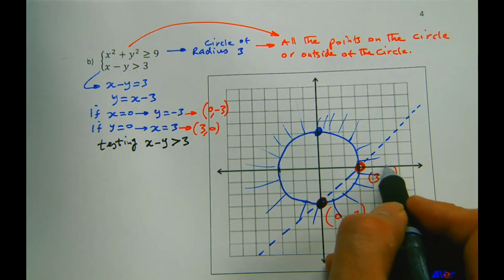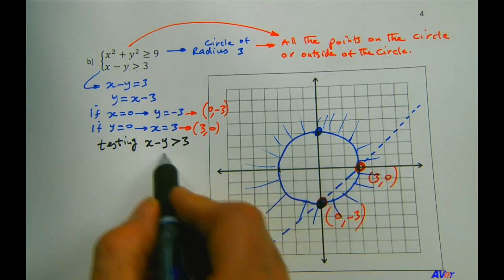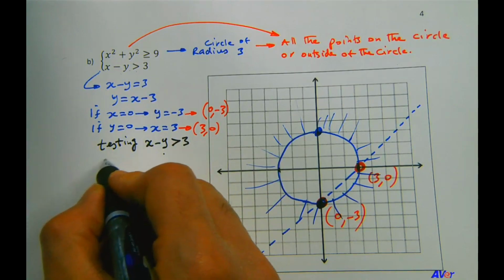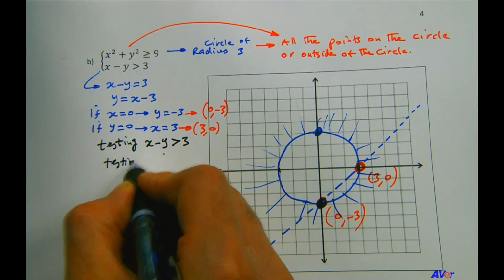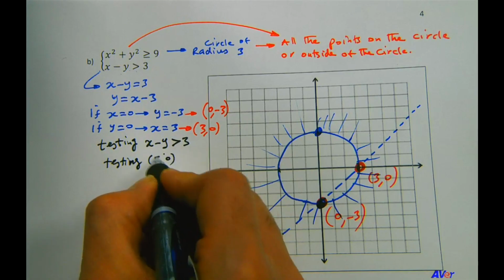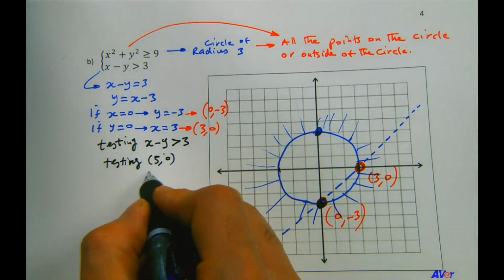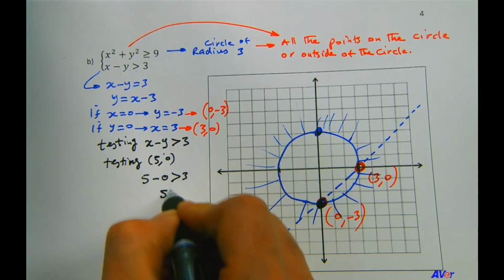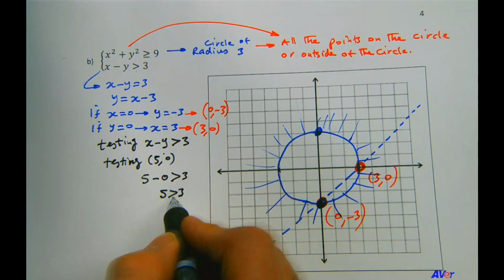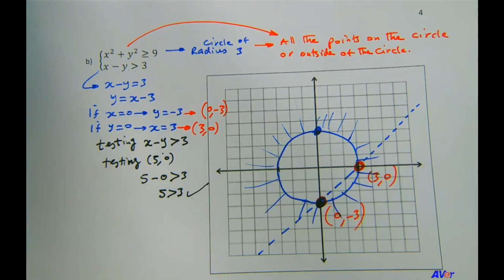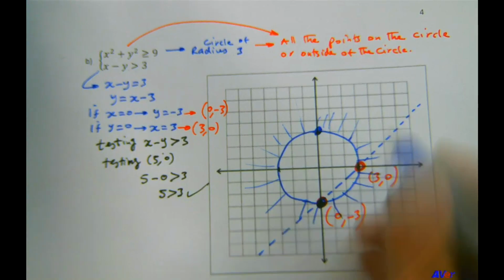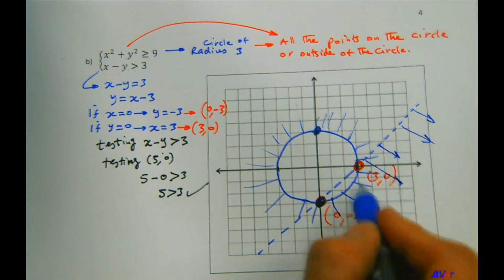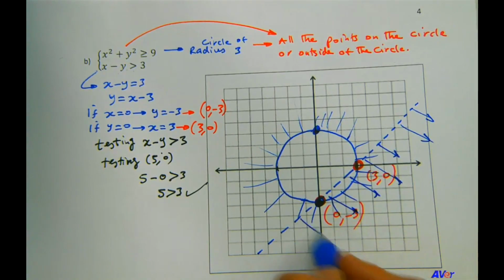Let's pick that point, 5, 0, and see if it's valid. So plug in 5, 0. We have 5 minus 0 greater than 3, 5 greater than 3. Is that a valid statement? Yes. So that side of the line is the solution, all of that is the solution.